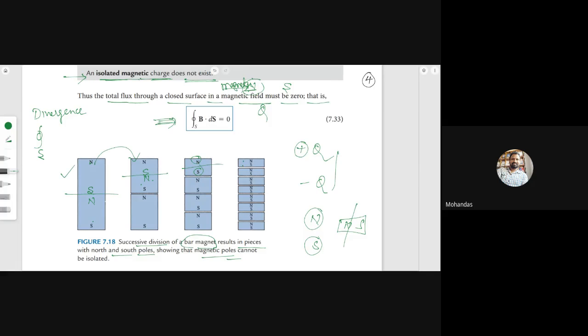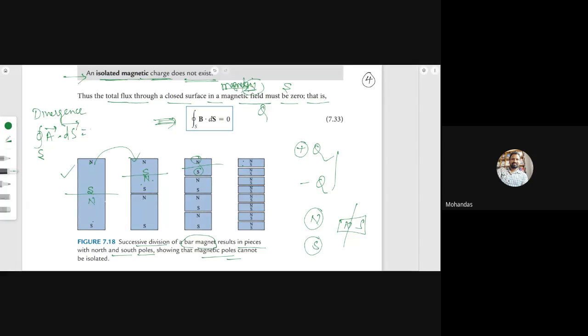Please respond. What is the divergence theorem? Srinitya, are you there? Yes, please tell me the divergence theorem, the mathematical expression. You can convert a closed surface integral into a volume integral.